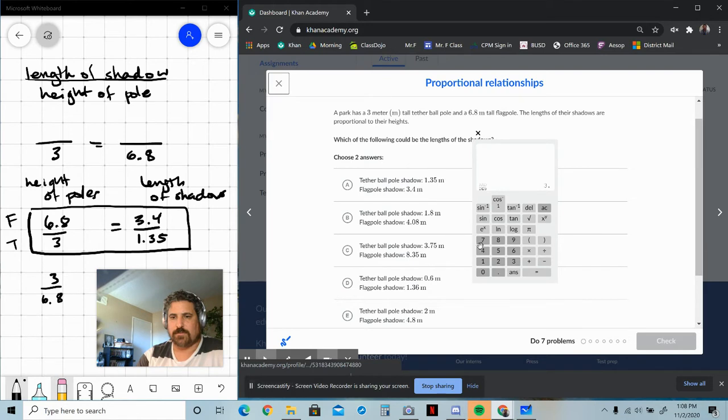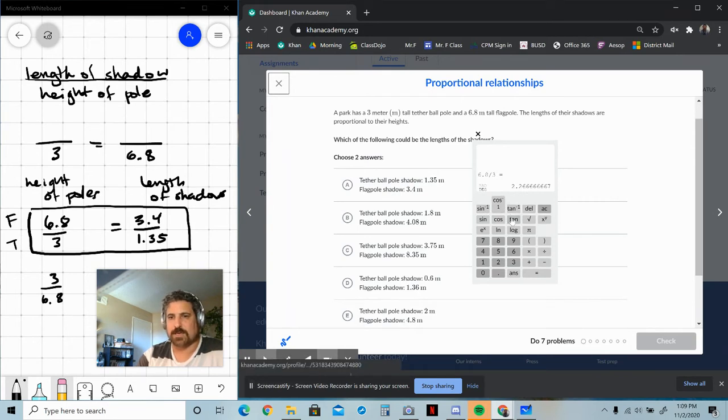Is 3.4 divided by 1.35, that's 2.51 and so on, the same as 6.8 divided by 3? 6.8 divided by 3 is 2.26, so it's not the same. So A is eliminated. We're looking for 2.26 repeating, with the 6 repeating.